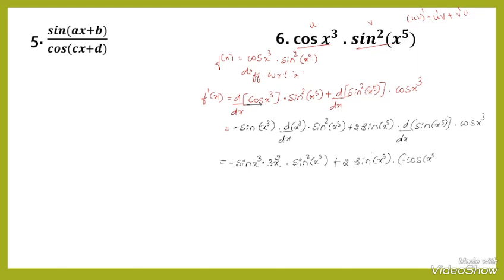Here in place of x we have x to the power 5. That's why I'm taking again differentiation, that is x to the power 5 into cos x cube.